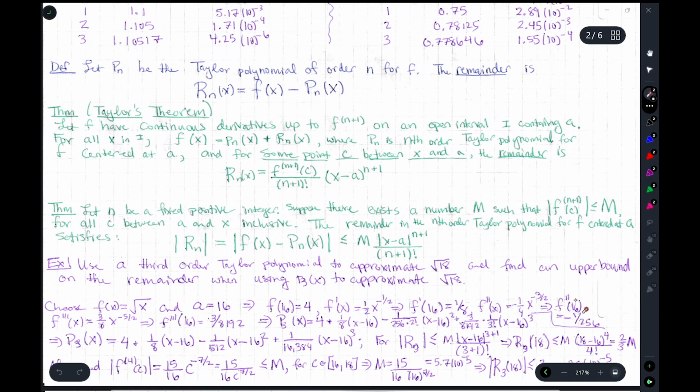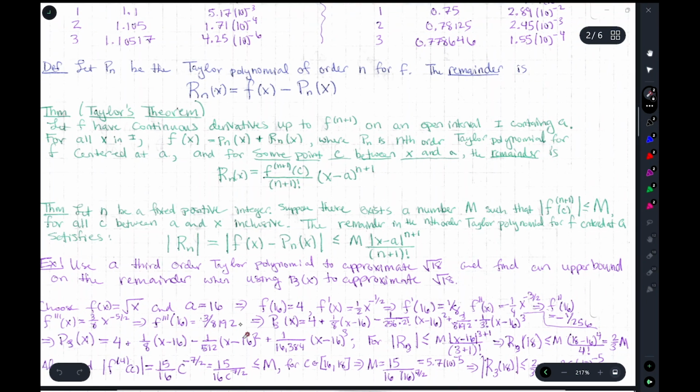We take the second derivative, we plug 16 into that, and notice something important here. We always plug in the center after taking the derivative, and notice we're plugging in the center and not 18. So we do this, the third derivative, and we get that value there.